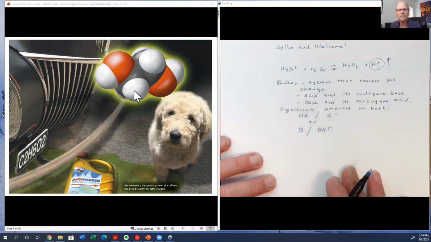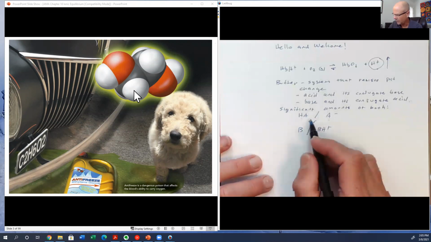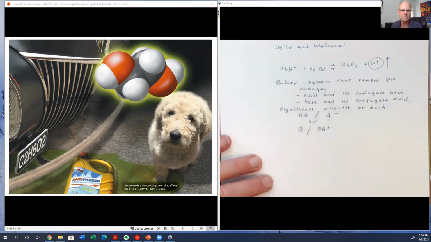All right, that's what a buffer is. It has significant amounts of both of these things.